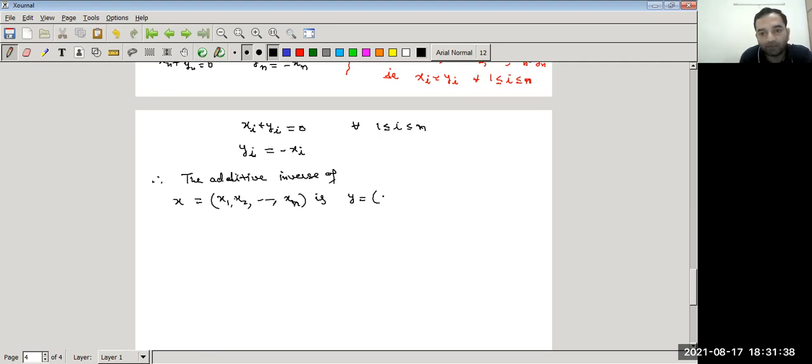So we can write y is equal to (y1, y2, ..., yn), and y is nothing but minus x, because y is equal to minus x for all i lying between 1 to n. So we can write this as minus x1, because y1 is equal to minus x1, y2 is equal to minus x2, yn equal to minus xn.